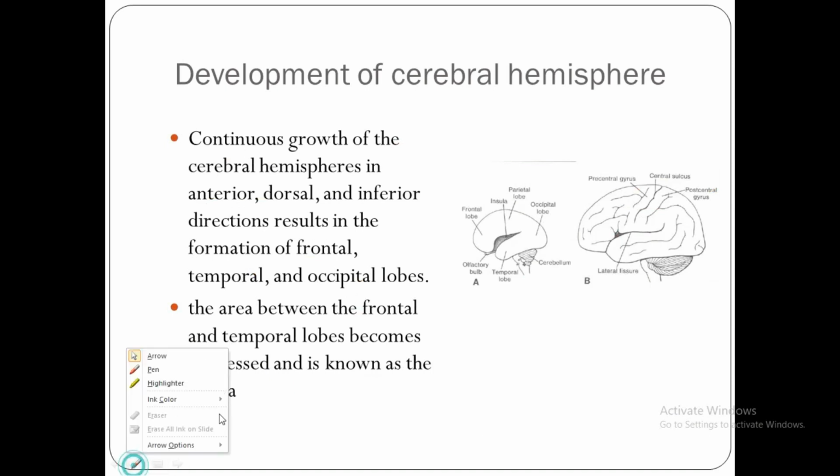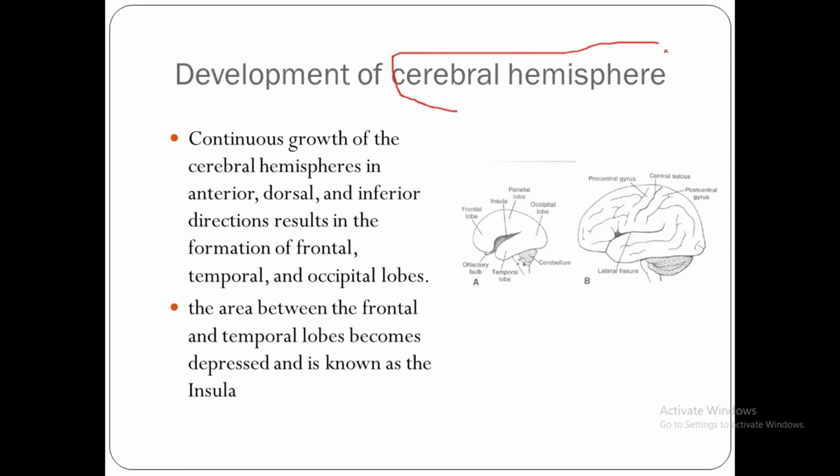So still we are considering the development of the cerebral hemisphere. It's a growth going in the anterior, dorsal, inferior direction, and now it's converting into the lobes: frontal, temporal, and occipital.